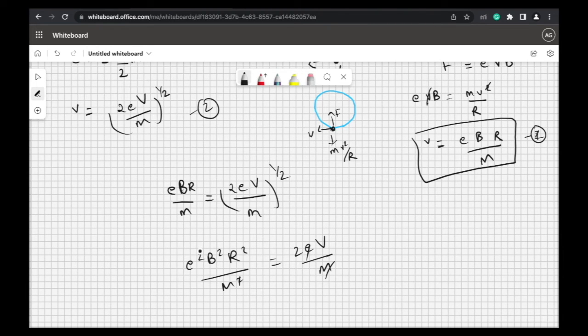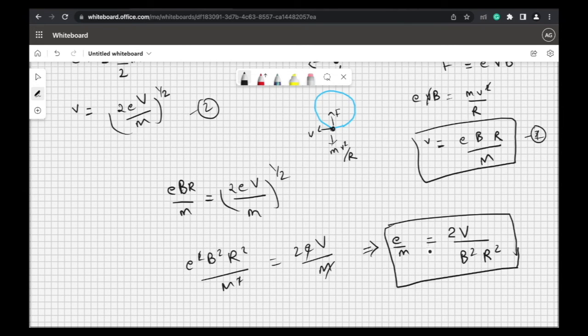An m cancels out like this. So here you have e by m as 2V by B squared r squared.